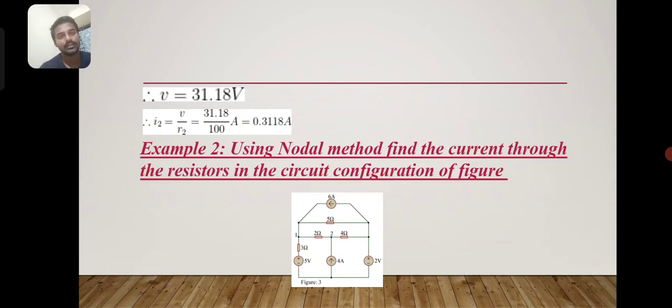When we calculate, we get V is equal to 31.18 volts.